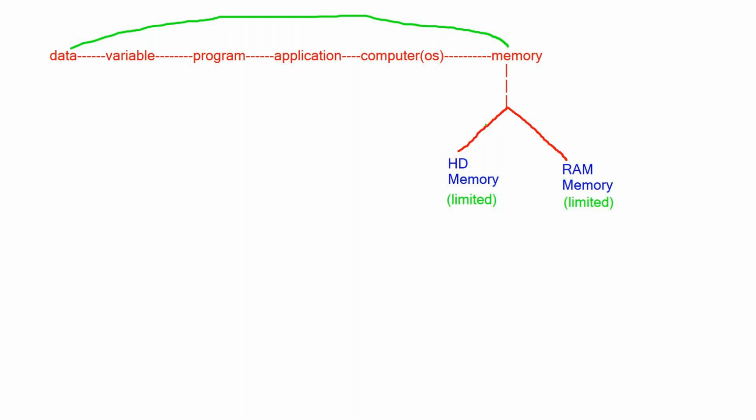Now come here. You are believing that your data is going to occupy computer memory, where computer memory is of two types: hard disk and RAM, which are both limited. That's why we need to save computer memory, and our data has to occupy as little as possible. My question to you is, why do people always give us more hard disk than RAM?